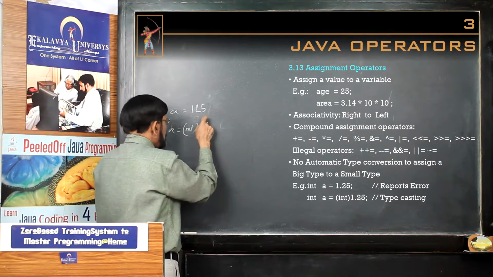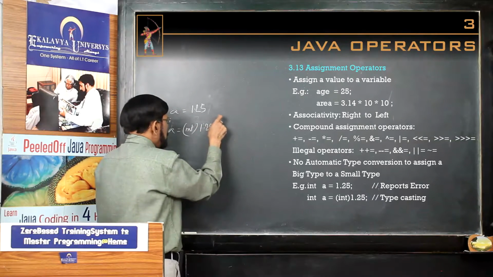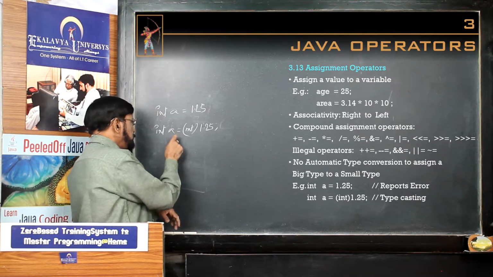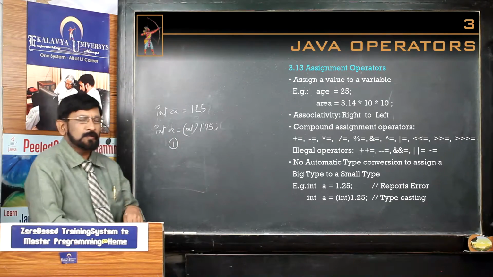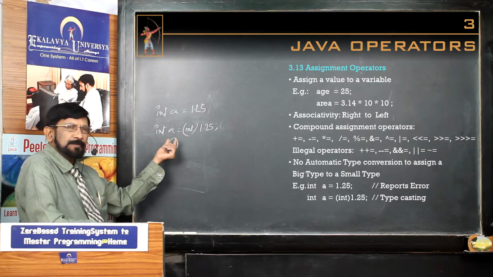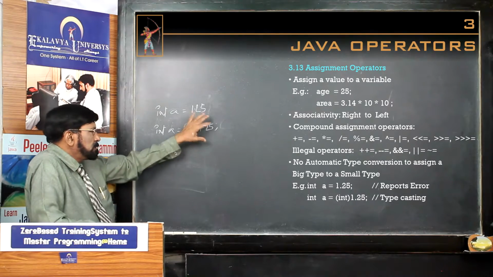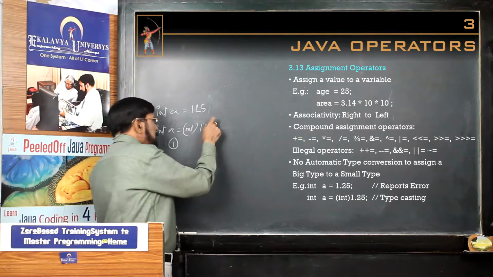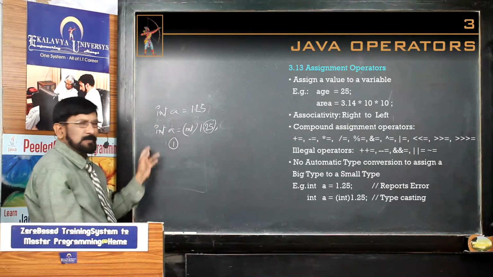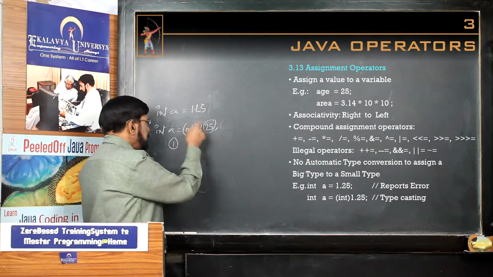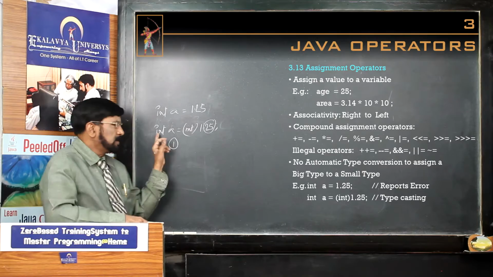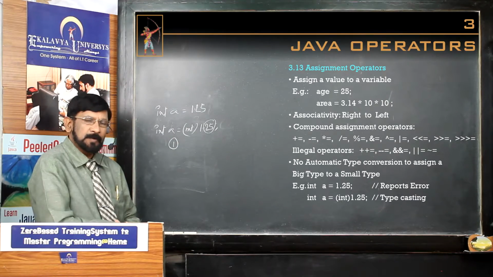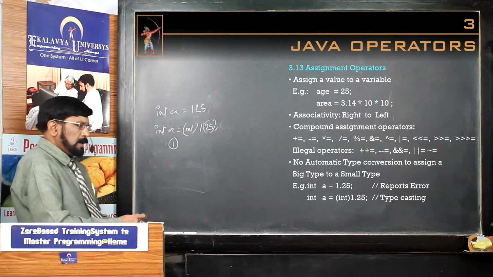That means 1.25 you have to cast. Then what happens? What value is stored in A? It is 1 only, not 1.25. Because this format is different. That's why, what you are voluntarily doing, I don't care for, truncating this part and storing this one. Then it is reduced to 4 bytes and in turn it is stored in this variable. If you do not know this point, it leads to error. That point always you must remember and proceed.